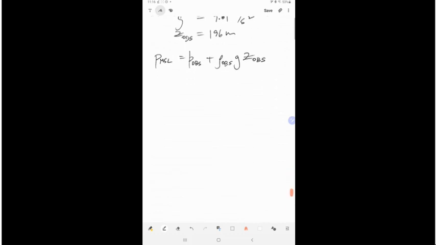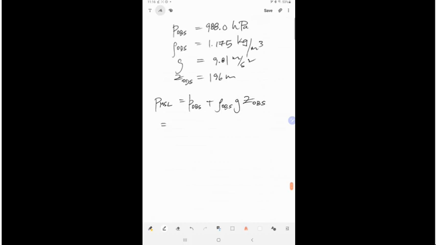So we'll go ahead and substitute everything in. 988.0 hectopascals plus 1.175 kilograms per meter cubed, that's the density, times acceleration due to gravity, 9.81 meters per second squared, times the height of EMOS, 196 meters.